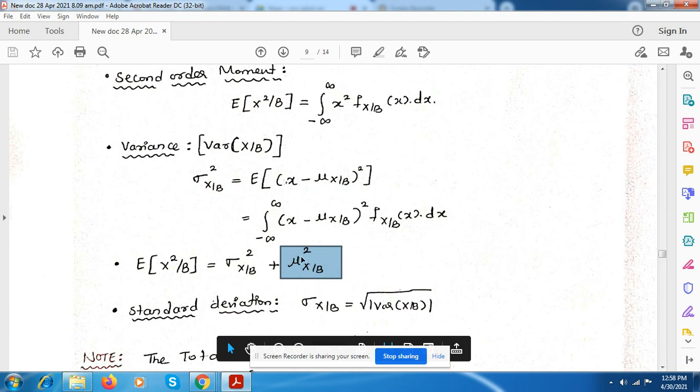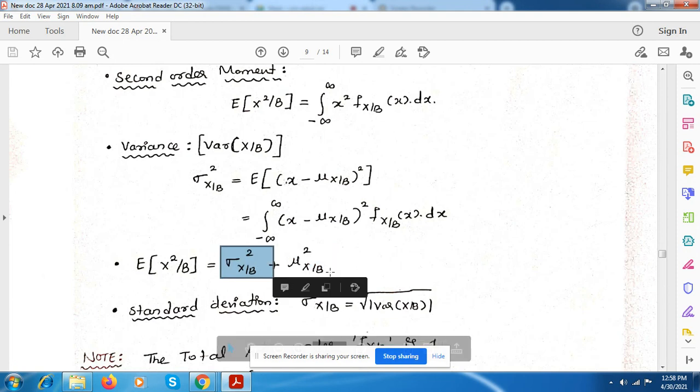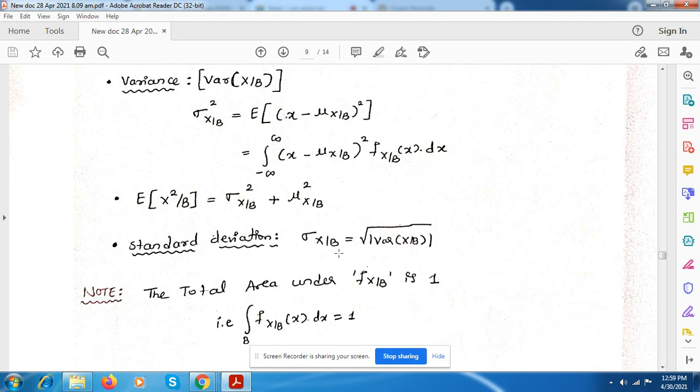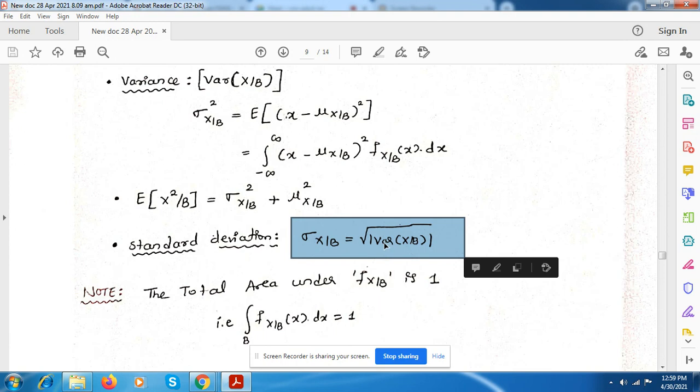You can just take this mu value to this side and write in terms of this variance, or you can write like this also for the second order moment, that is the variance value plus the mean value square. And standard deviation is just the square root of conditioned variance, that is sigma x by b, the conditioned standard deviation, is equal to square root of variance of x by b.